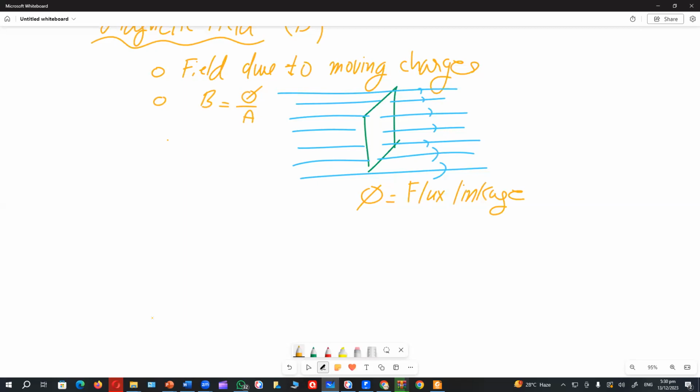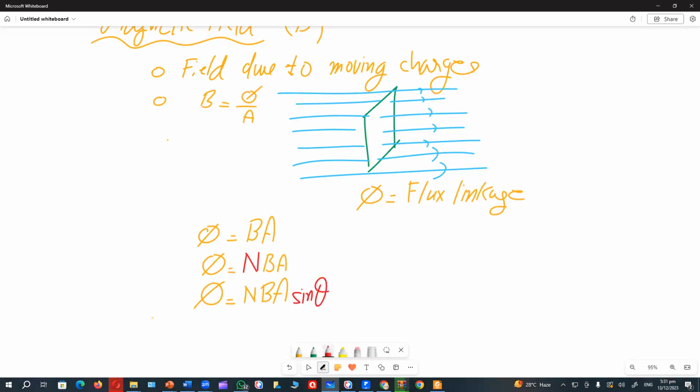So this is the first formula. If you rearrange this formula, phi is equal to BA, sorry. And if you introduce the number of turns, the formula becomes NBA. If you further introduce the angle, then the formula becomes NBA sine theta.